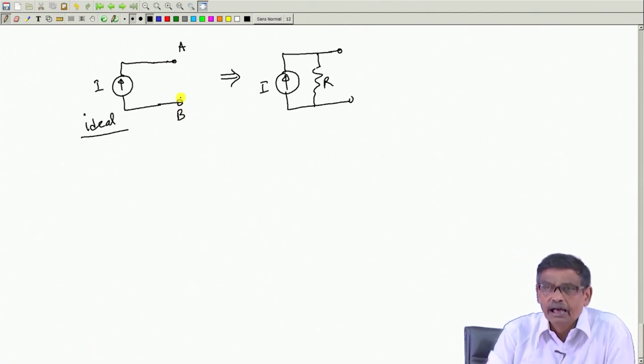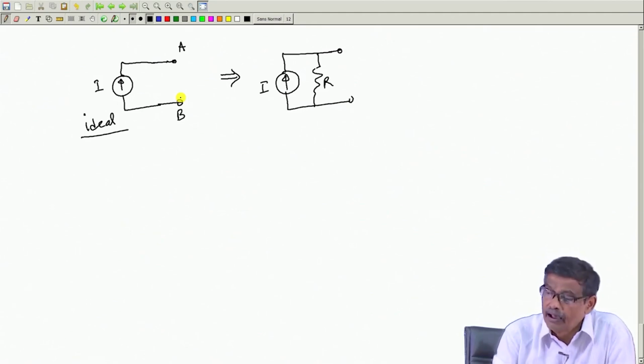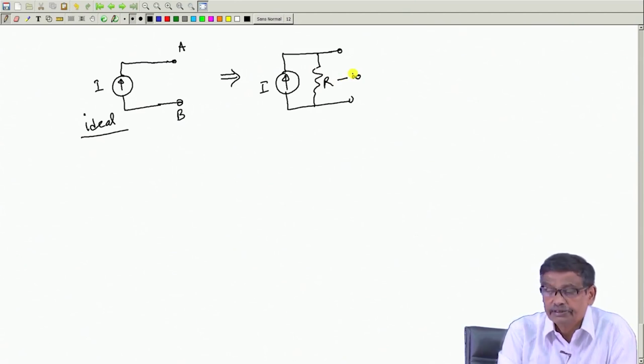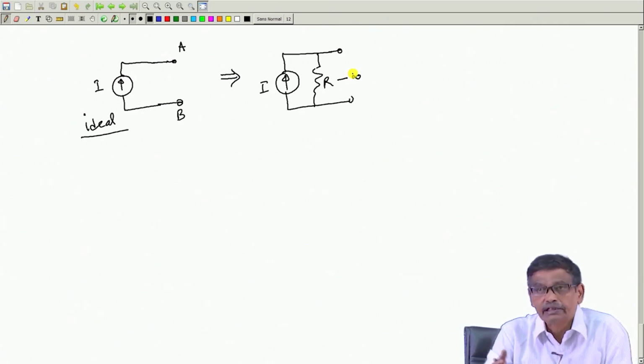But this one I can convert, R tending to infinity, this is the situation. This R value is not known, I mean no finite value.